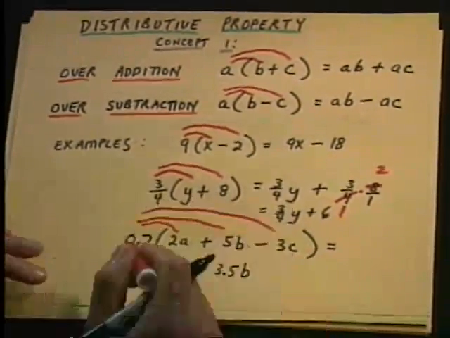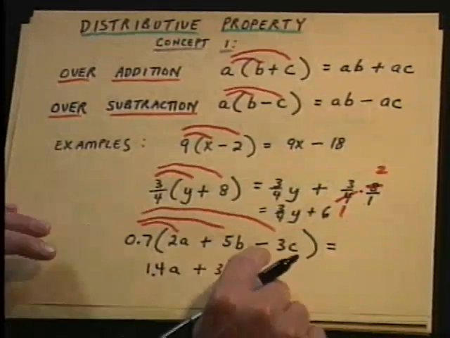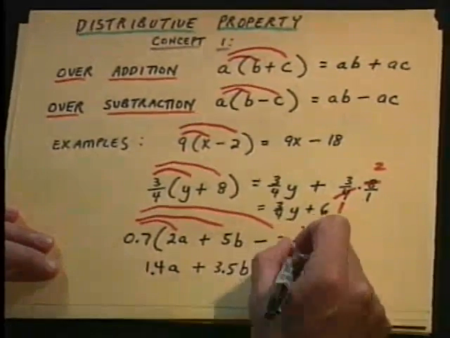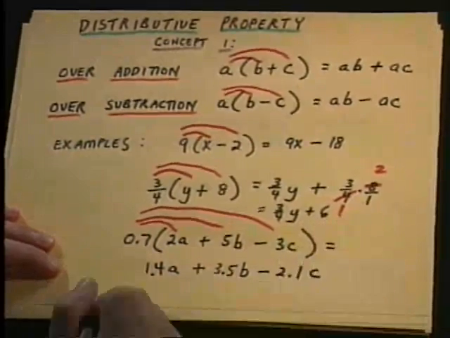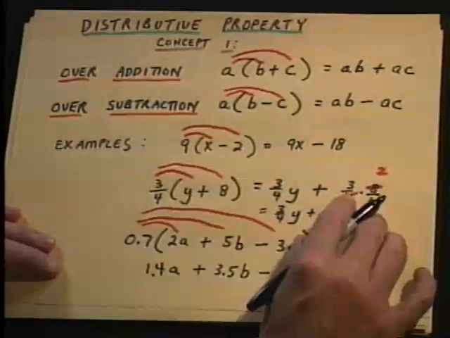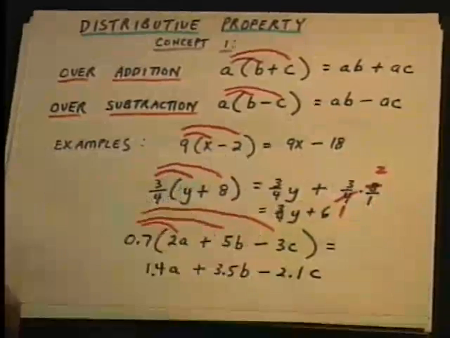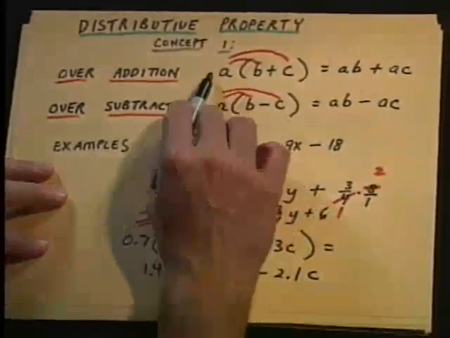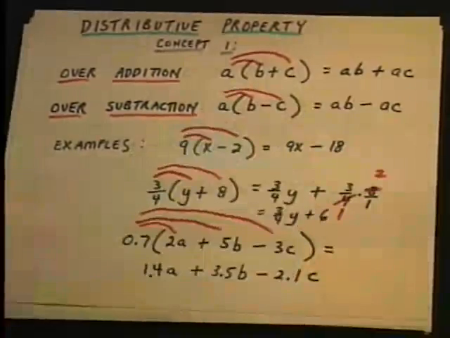And then the 0.7 times the negative 3 there is going to give us a negative 2.1c. Okay, so the distributive property, very, very important. So we can multiply things outside parentheses through in various manners. Now let's go to the next graphic.